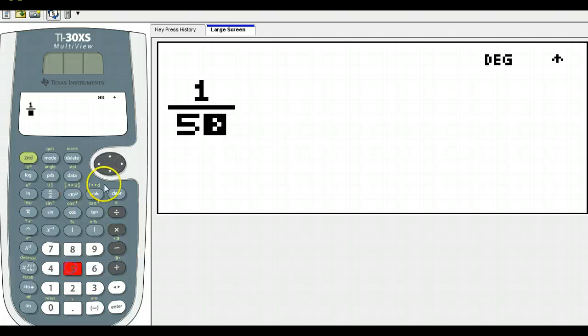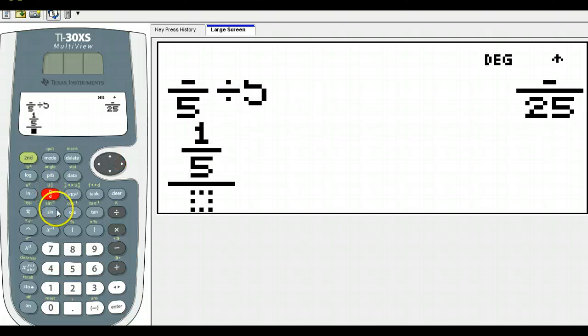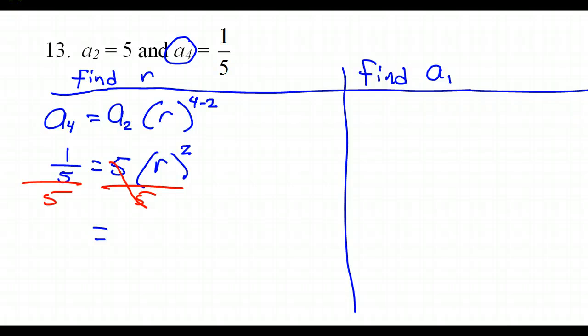So 1/5, now I can either do divided by 5, like that, or I could do 1/5 over 5, like that. Either way, it's 1 over 25. So this is 1/25 is equal to r squared.